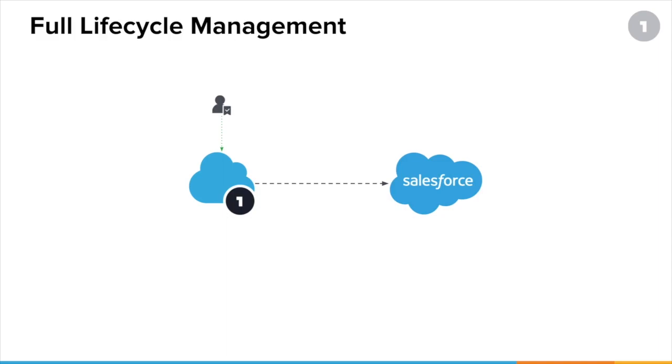And that role assigns them to an application like Salesforce. And because Salesforce has provisioning enabled, voila, user created over in Salesforce. So from day one, that user now has access to Salesforce.